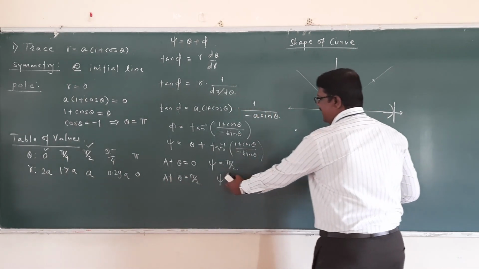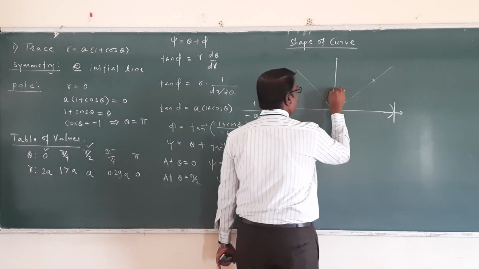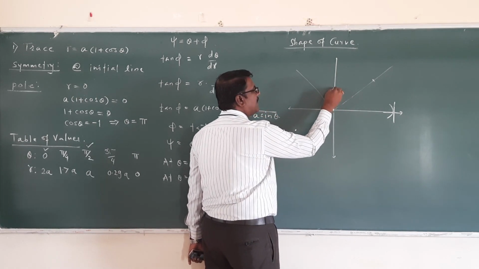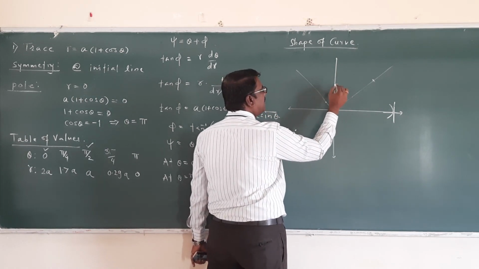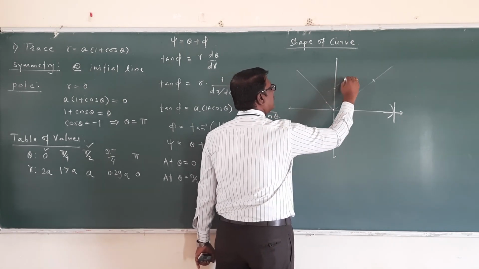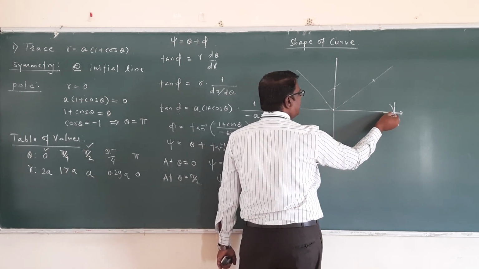Next, at theta is equal to pi by 2, the value of psi is pi by 4. So on this line theta is equal to pi by 2, this is the point, and at this point psi is equal to pi by 4 is the tangent. So this line is the tangent. So the shape of the curve will be like this.